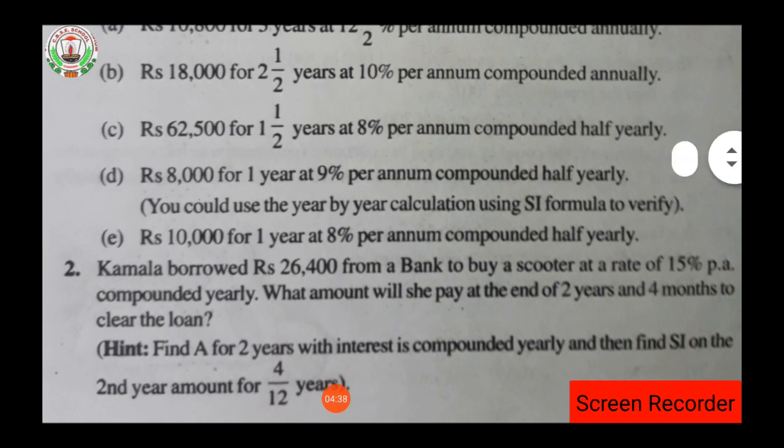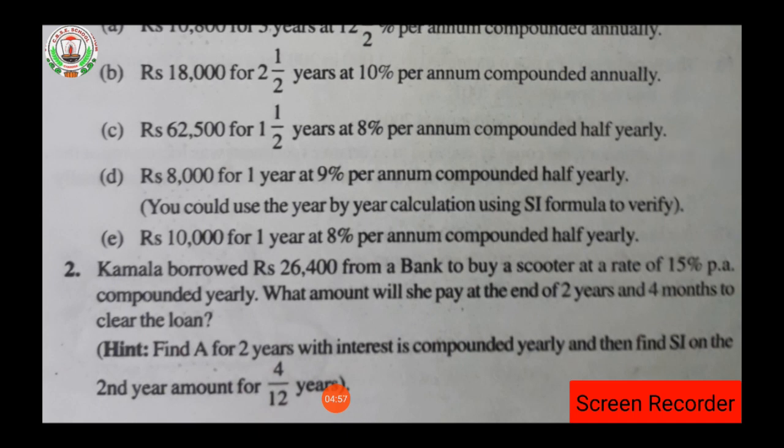What amount will she pay at the end of 2 years and 4 months to clear the loan? Here time is given as 2 years and 4 months, isn't it? 2 years will create no problem, but here 4 months is there. As we know, we calculate the time in the form of years, so these 4 months are going to be converted into years.